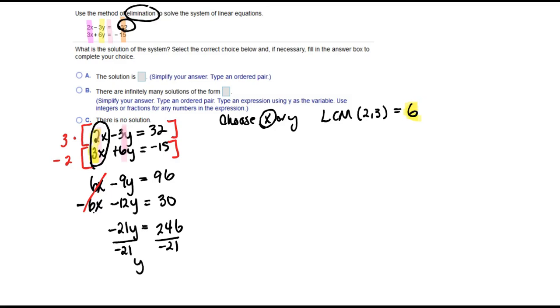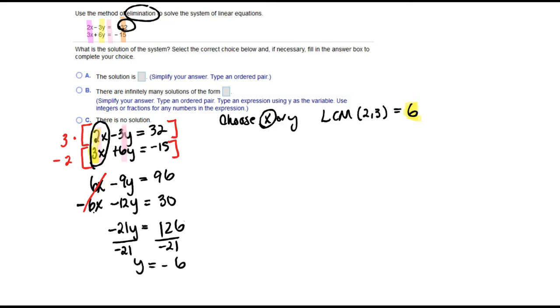And 96 plus 30 would give me a 126 here. And 126 divided by negative 21 would be negative 6.